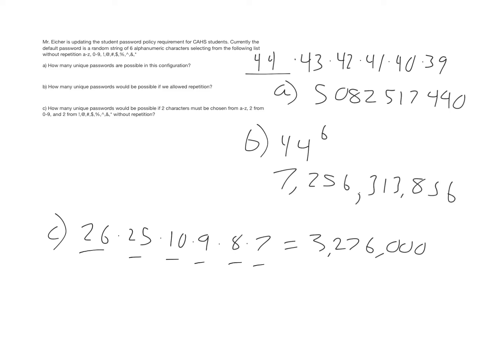Well, 6 factorial, which is of course 6 times 5 times 4 times 3 times 2 times 1, because now I'm thinking, what am I going to do first? Is it going to be number or letter or special character? And I can rearrange that a whole bunch of different ways. So now I need to multiply this by 6 factorial to say that I've rearranged this all those different ways. And that number is 2,358,720,000.